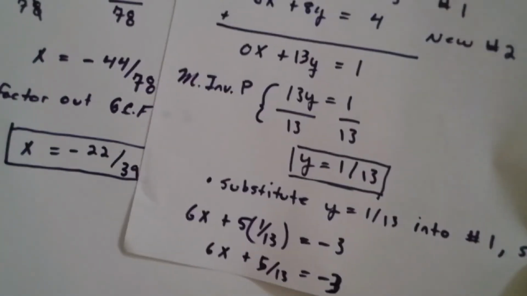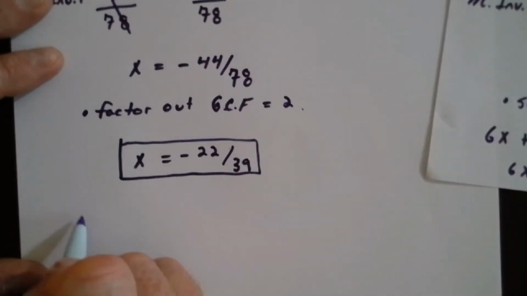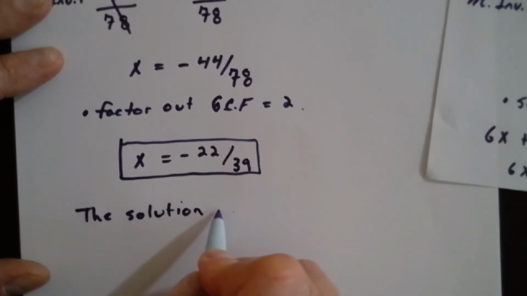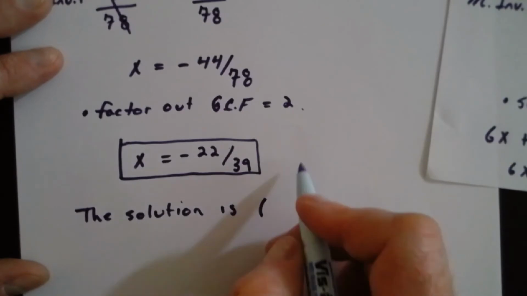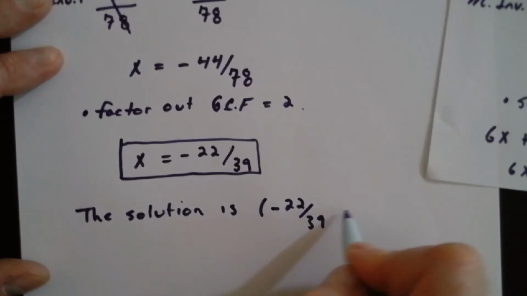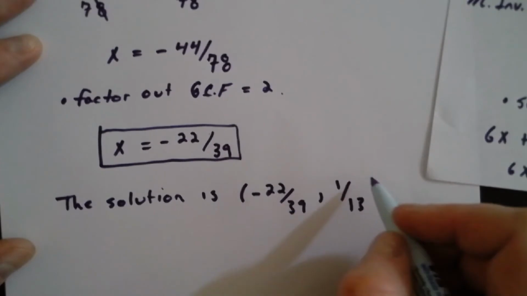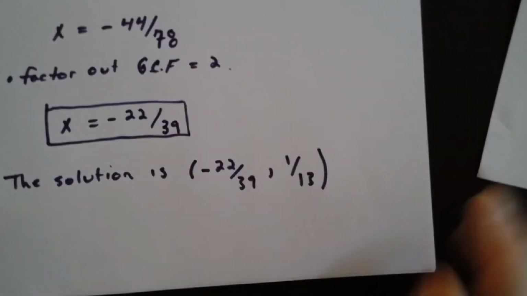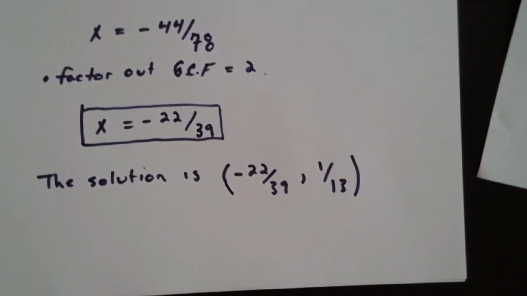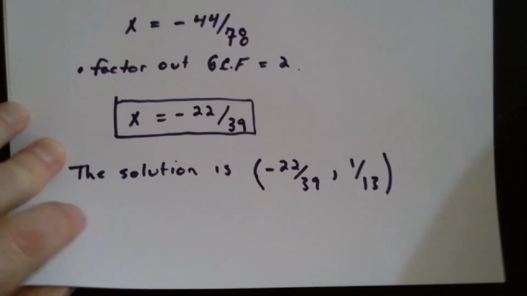So we have y is equal to 1/13 and x is equal to negative 22 over 39. So this is the solution. Oh, that was a long problem.